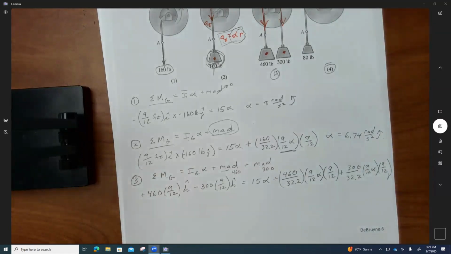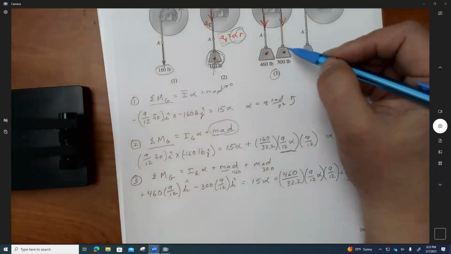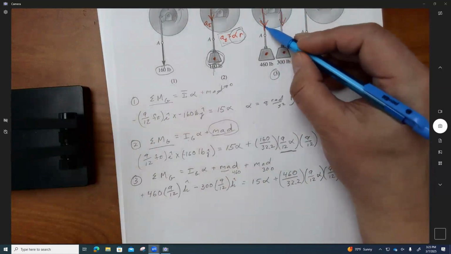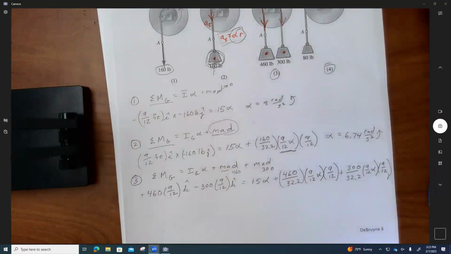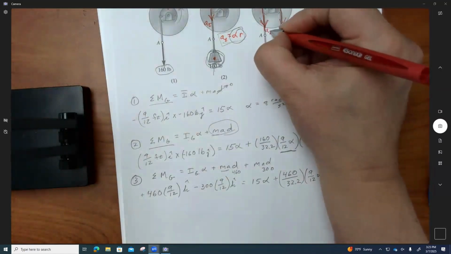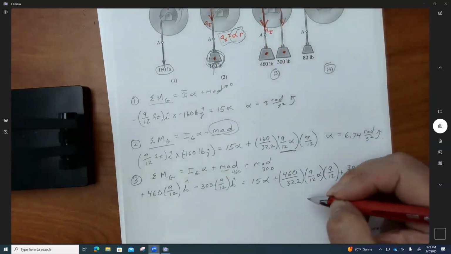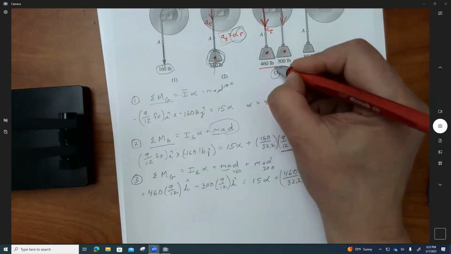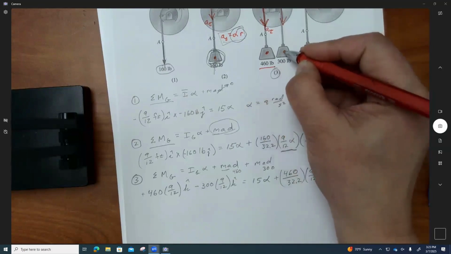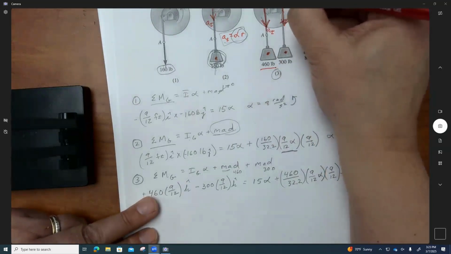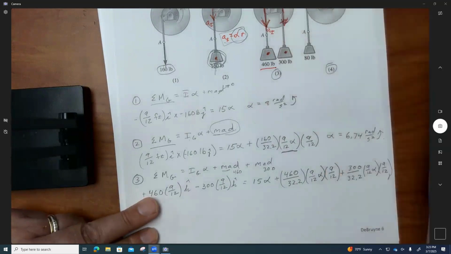Let's see. We are going to have the acceleration. This is going to be pulling down. So we are going to have an acceleration in the tangential direction going down, but this is heavier. So this is actually going to be lifting up like that and spinning in that direction.